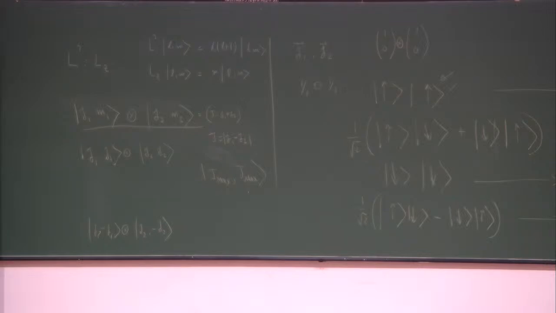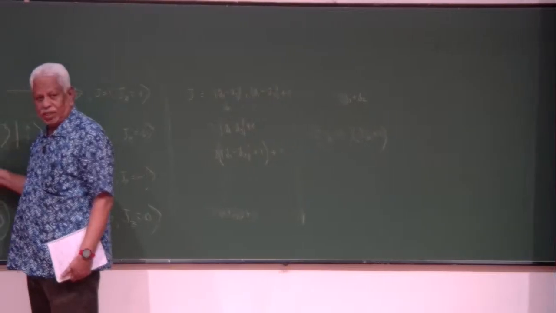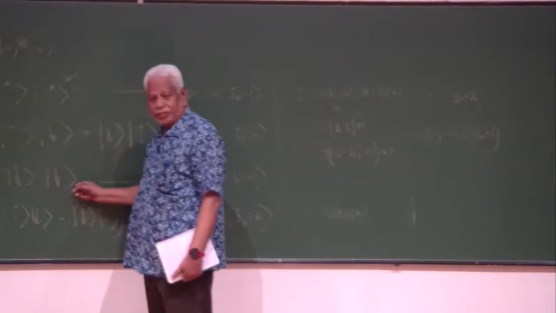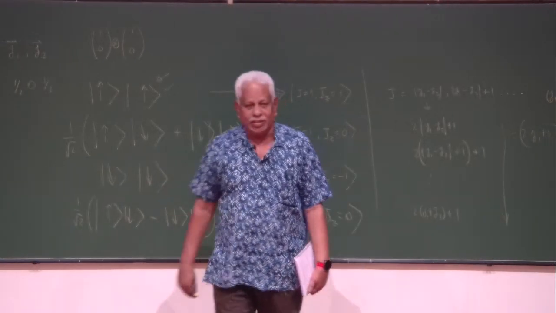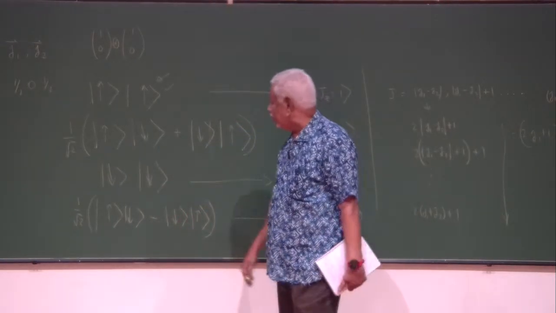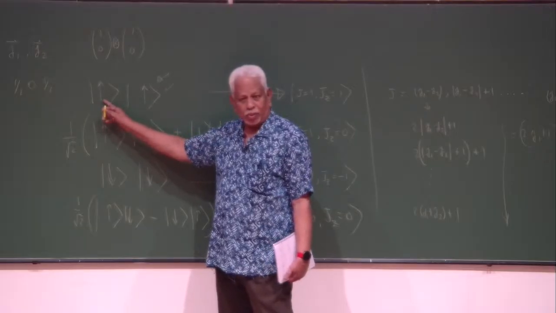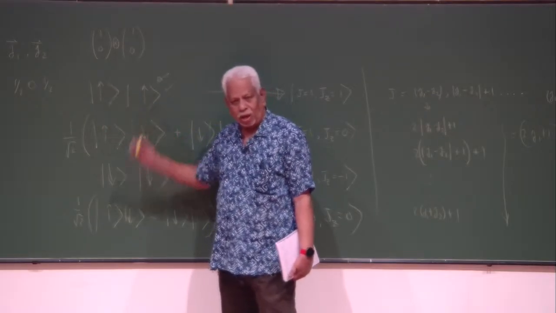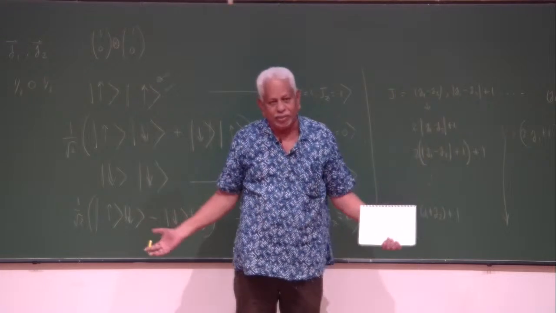I want to get the next one, which I have got from here. From this I should get this, and from this I should get this, correct? How do I get it? To see that, you can see some interesting thing here. This is up and this is also up. If I interchange this, does anything happen?